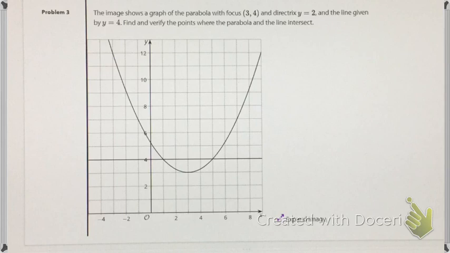And we can do it with parabolas too. This is kind of a review problem, but let's see. They're checking this parabola. There's the focus. There is the directrix. The focus is (3, 4). So let's see, 1, 2, 3, 1, 2, 3, 4. So there's the focus point. That means the directrix, let's see, is y equals 4.